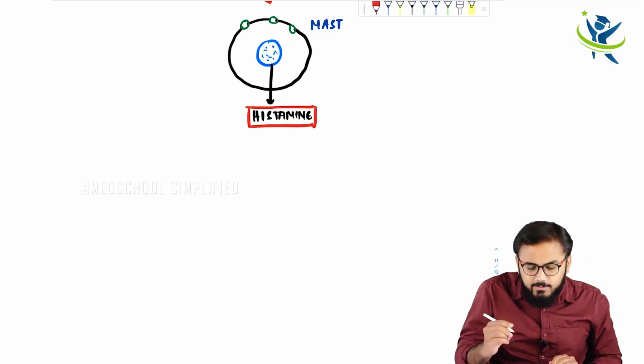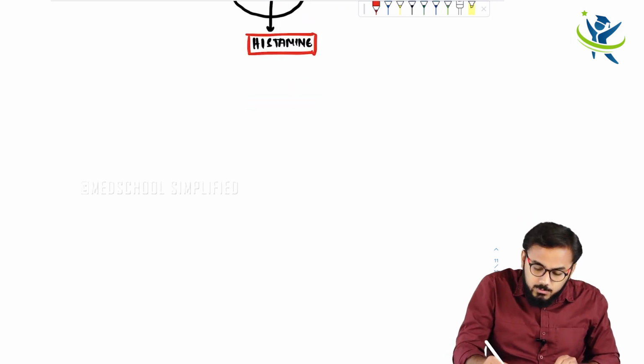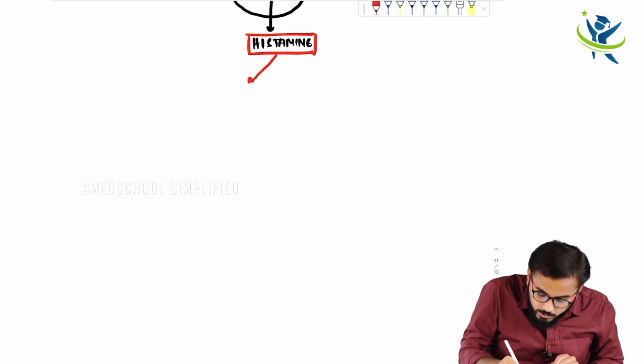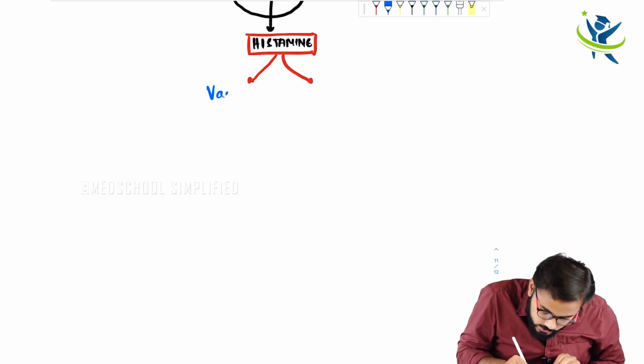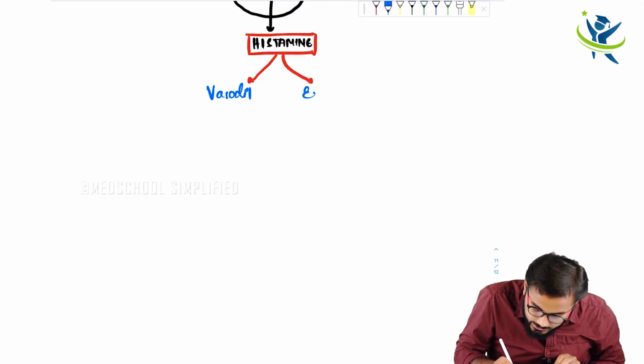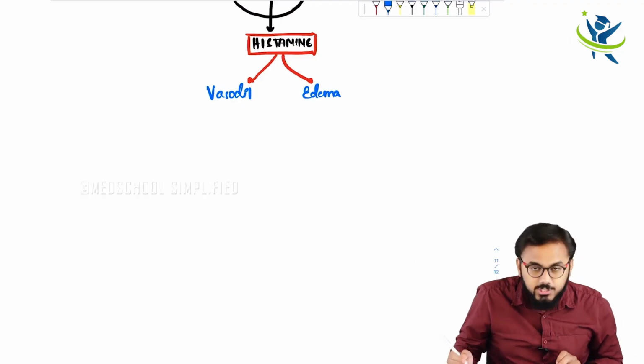All of you very well know histamine is responsible for causing two important things. What are those two important things, guys? One is called vasodilation. Another one is called edema.